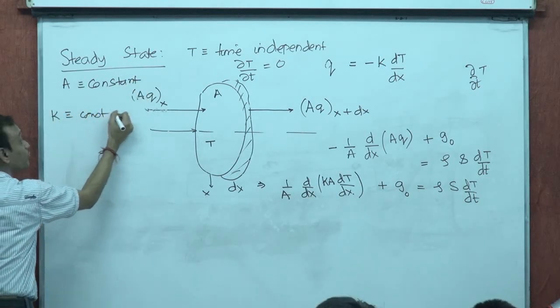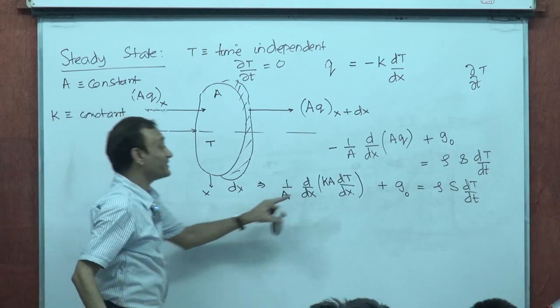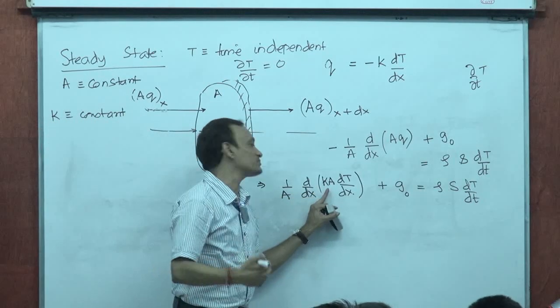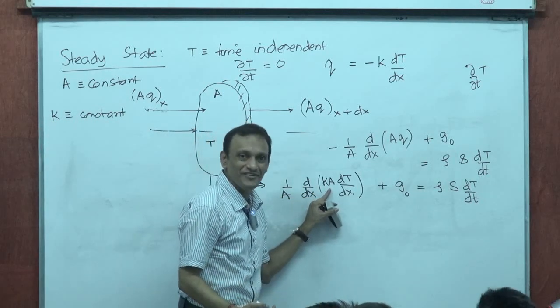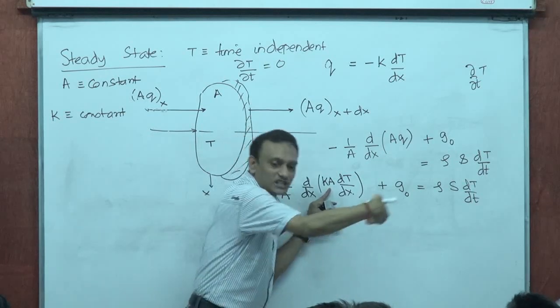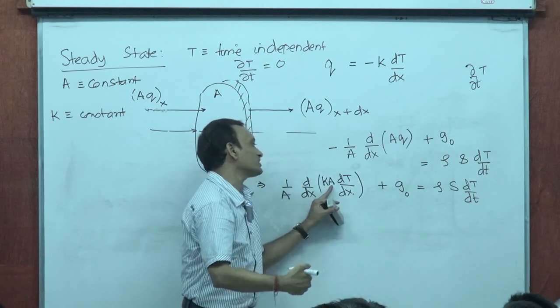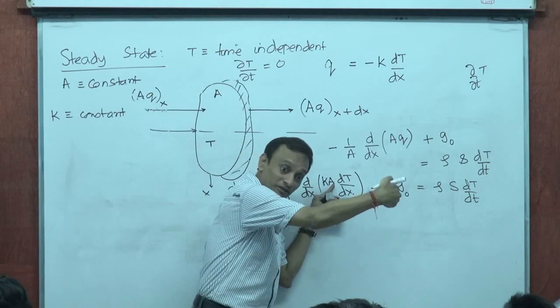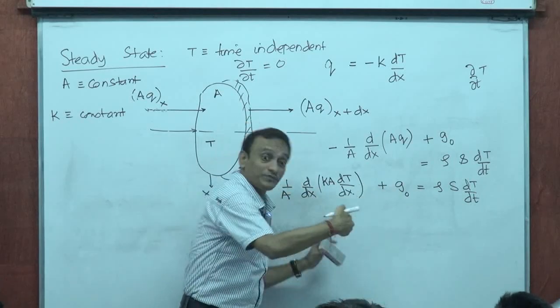However, one thing you want to know is that this equation will be true when K varies, because K could have been written as a function of x, and A could have been written as a function of x. And this would be very general.